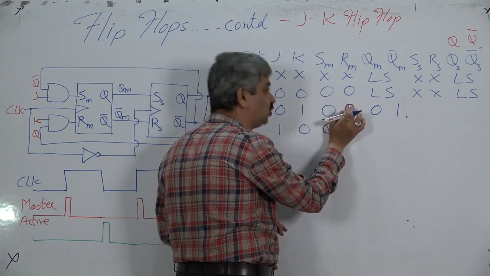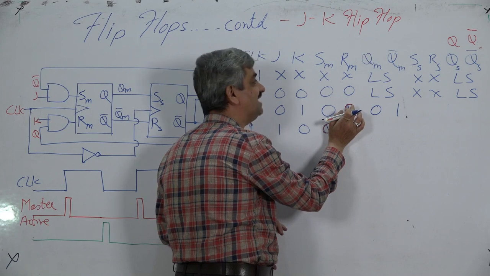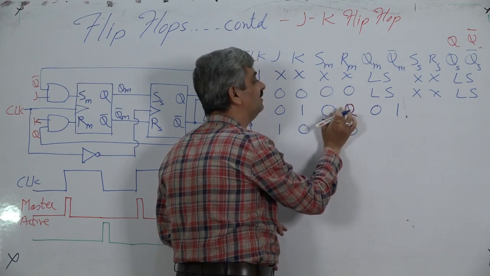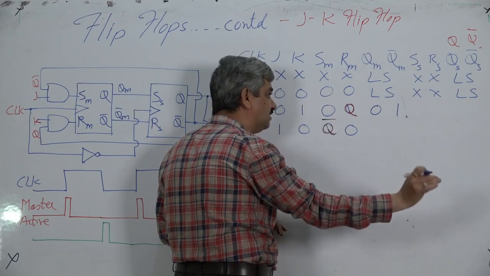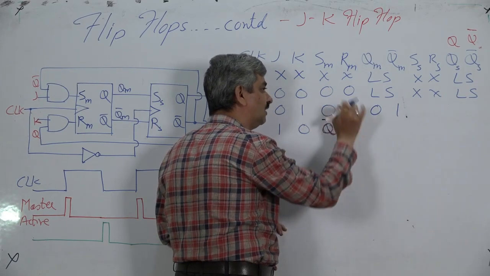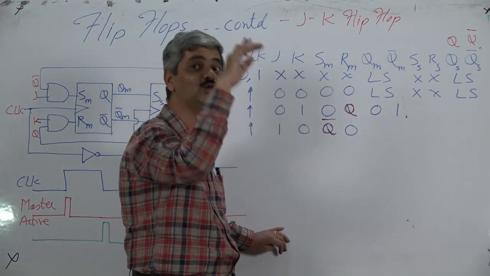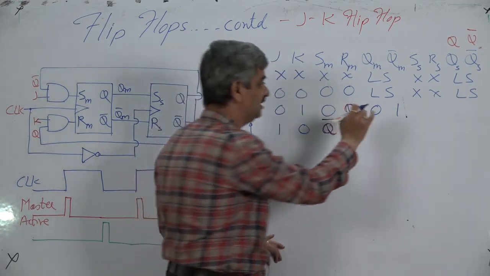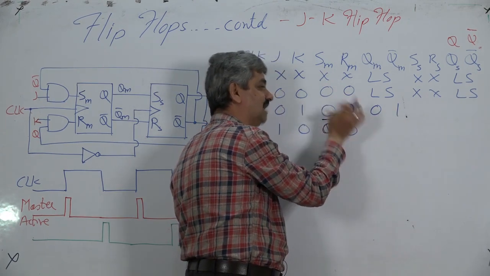This R is 0 means Q is 0, means last state of Q was 0, last state of Q bar was 1. So if this S is 0 and Q was 0, then 0, 0 requires last state to be continued. But what last state? Last state was Q0 and Q bar 1. So that is continued.